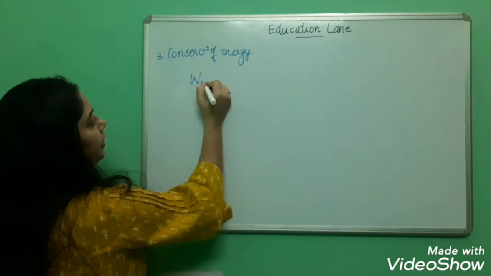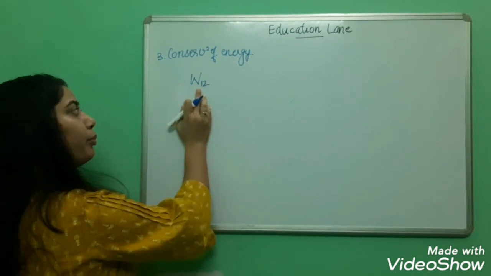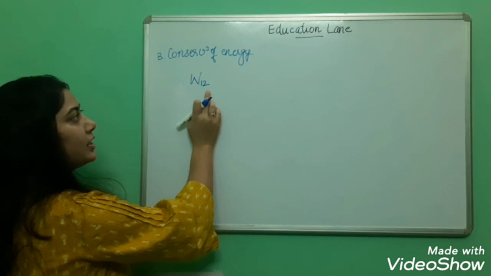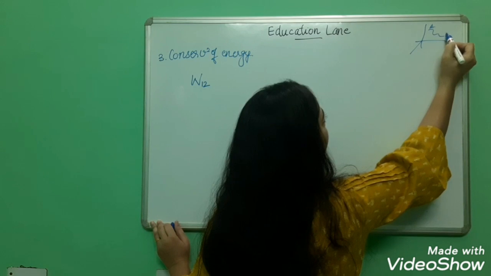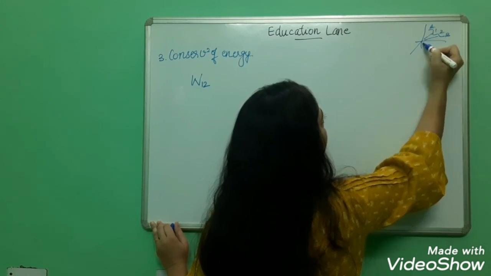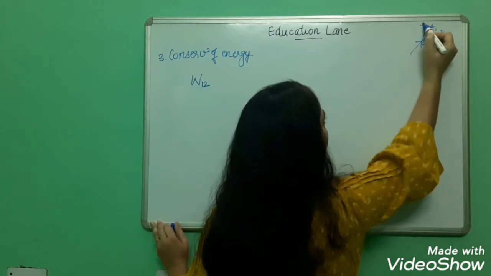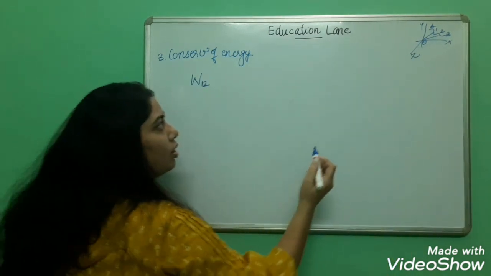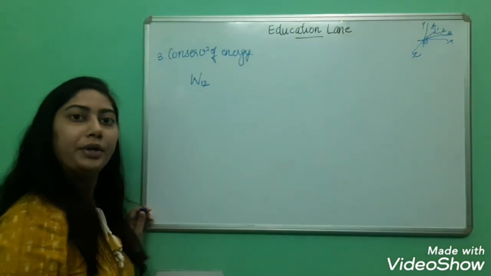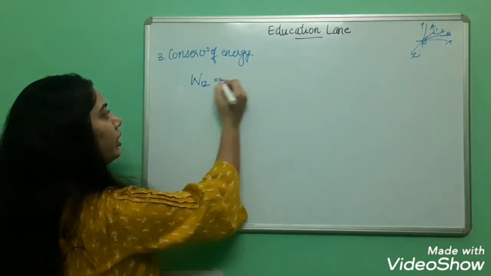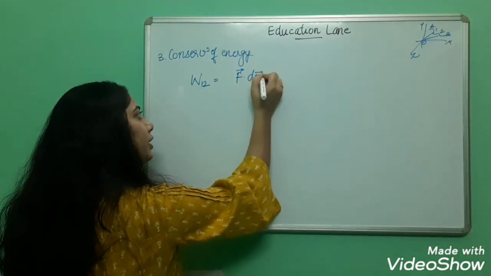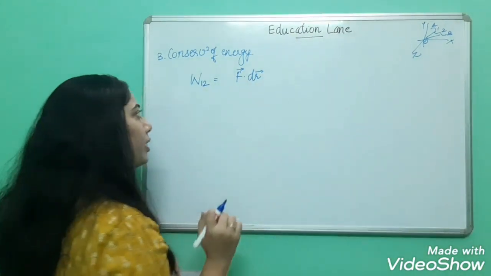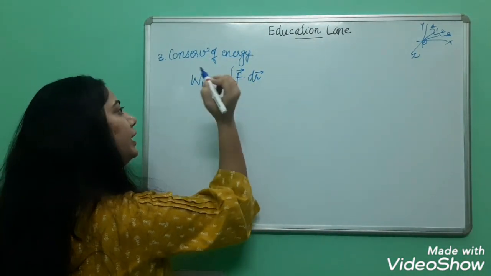Work done in carrying a particle from point 1 to 2. Which are these points? I have already told you about this graph: 1, 2, this is O, this is X, Y and Z, and r is the position vector. So from point 1 to point 2, F is the force acting on the particle over a small distance dr. Now I will integrate it.